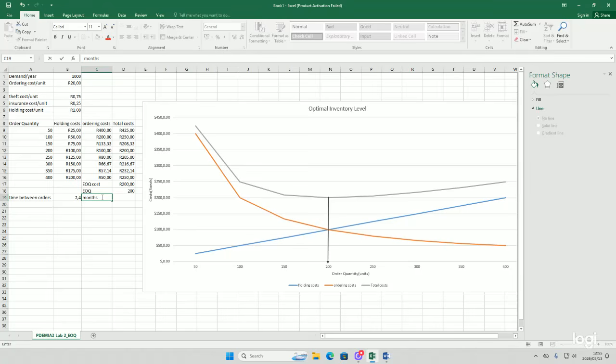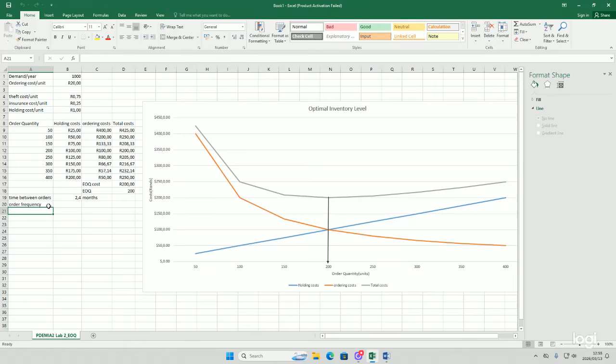Take note of that also. I might tell you to calculate your time between orders. Another thing you should note is to calculate your order frequency, the frequency at which you want the company to keep on ordering.